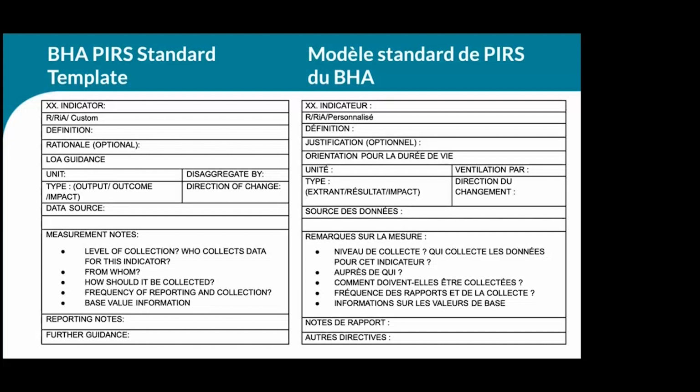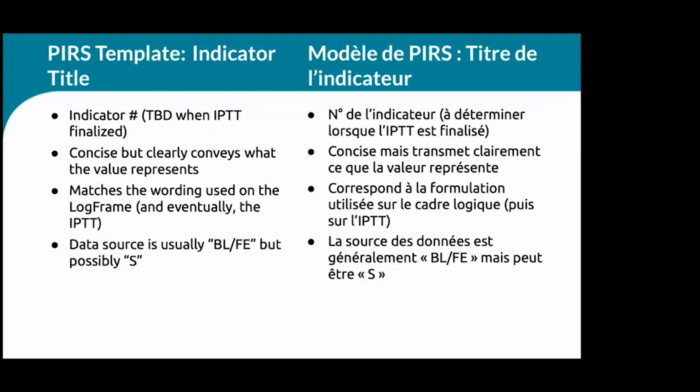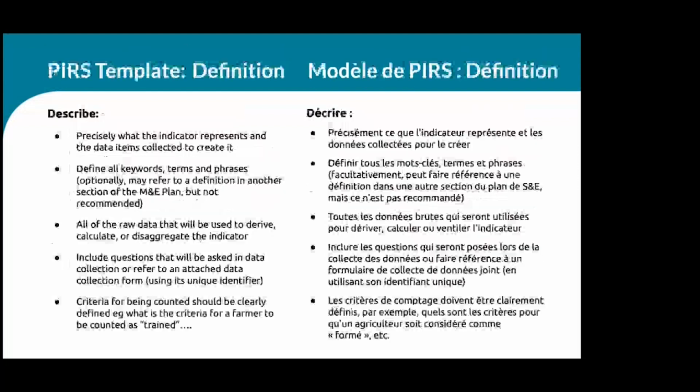And we'll go more into detail for each section here too. So within the PIRs, you'll need to include, of course, the indicator number, the title, which should clearly convey what the value represents. And these should match with the wording on the log frame. And then provide data source.